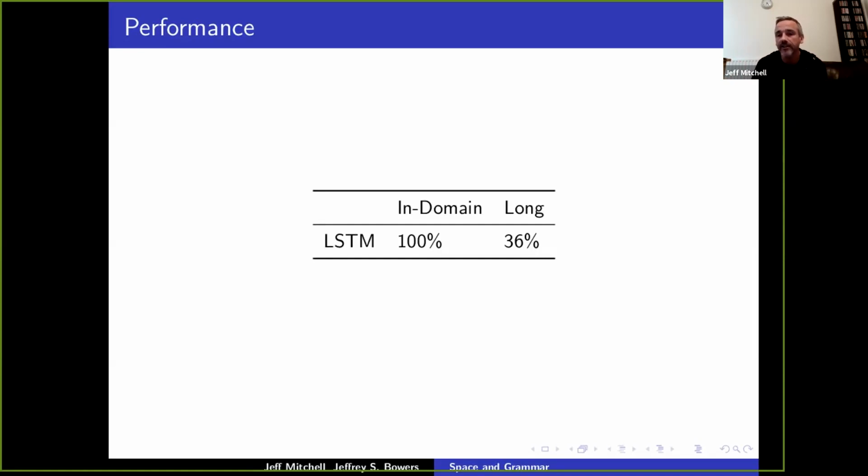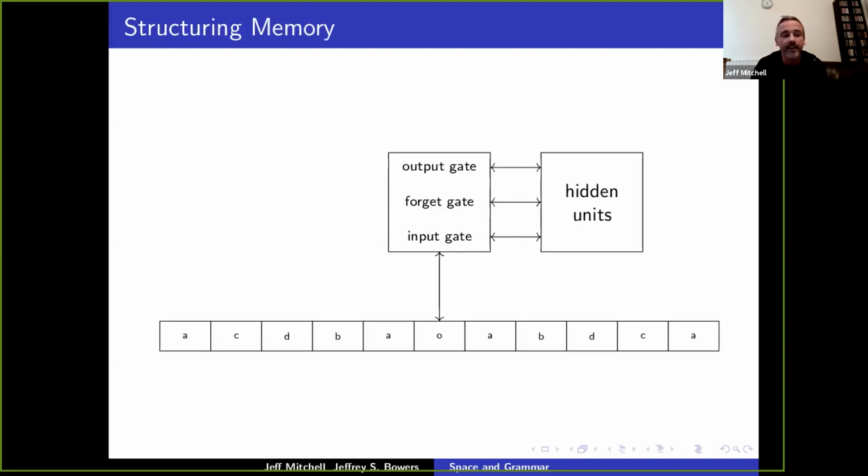In much the same way that you say a dog on the left is the same as a dog on the right, doesn't matter which position it's in, we want to say the same thing about these dependencies. It doesn't matter if it's a short range one or a long range one. So we'll take our neural memory, our neural language model, our LSTM, and in order to structure those hidden units, we want to impose a symmetry so that every range of dependencies within those hidden units is treated in the same way.